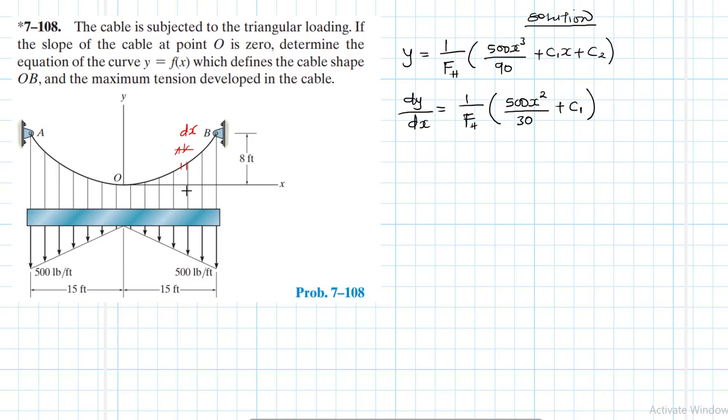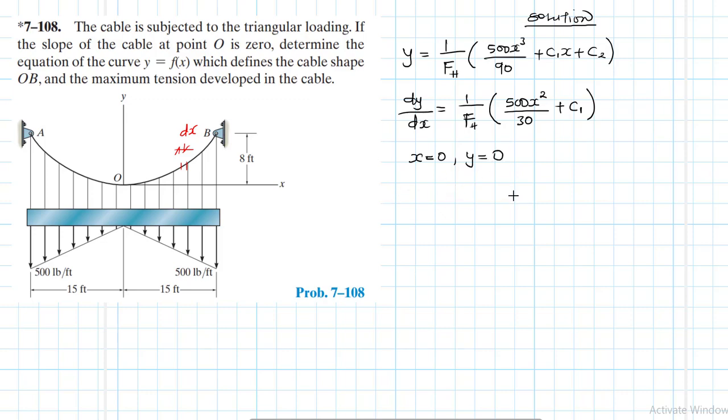So let's look at the boundary conditions at point O and B, since we are just looking at one segment, because this particular system is symmetrical about the y-axis. So what are the boundary conditions at point O? We know that when x is equal to 0, y is equal to 0.